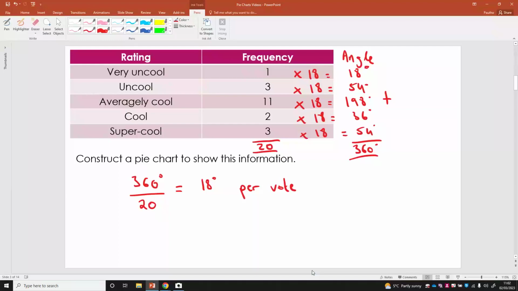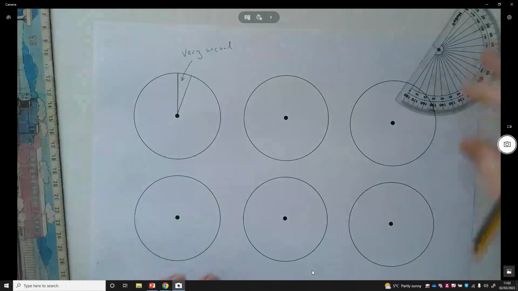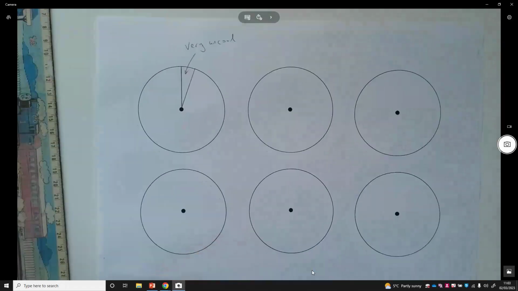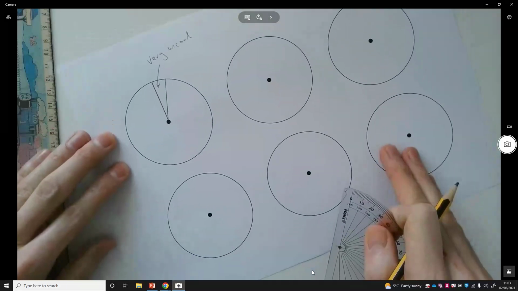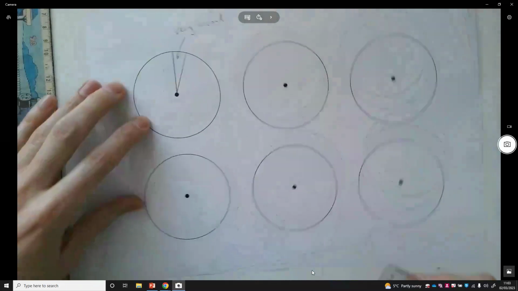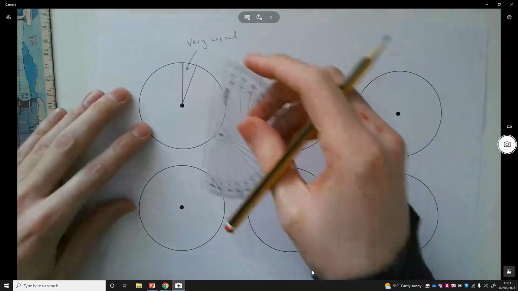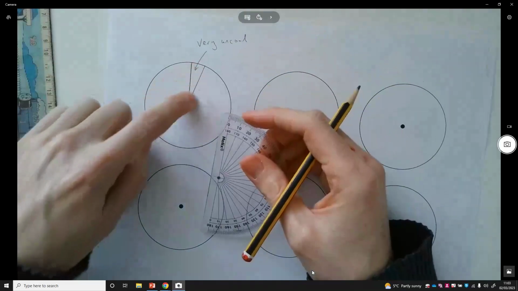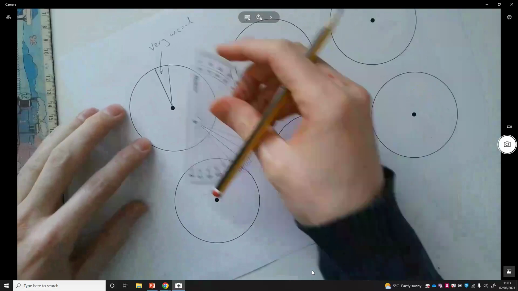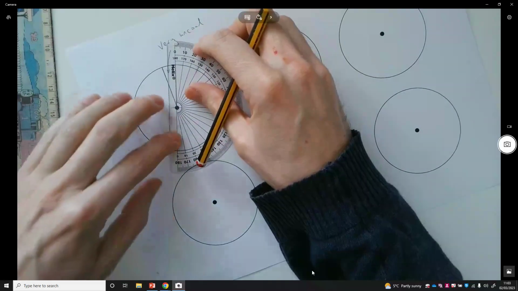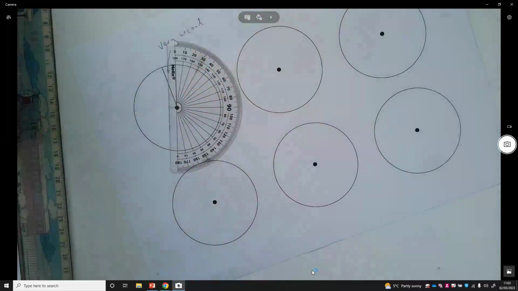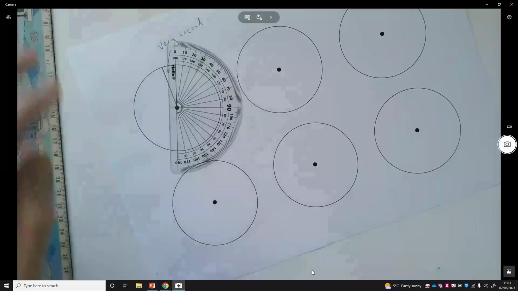Next section is uncool, which is 54 degrees. You need to start from the line you've just drawn, so I tend to rotate the pie chart to make it vertical again. Then I put the protractor here. Double check, 54 degrees, is it? Yeah, 54 degrees.